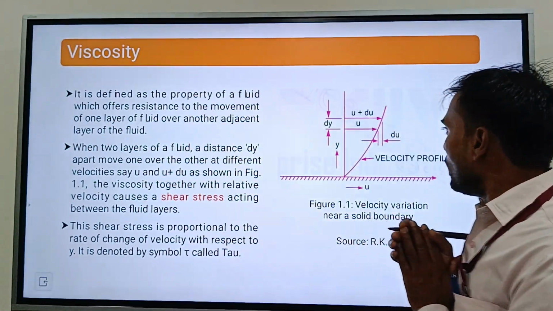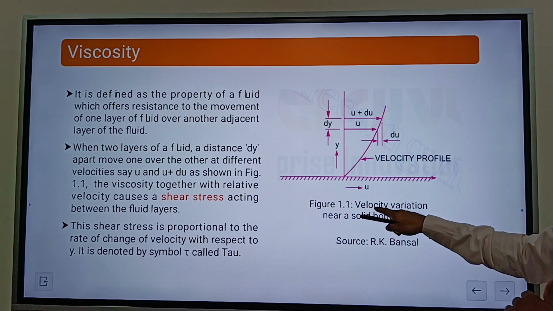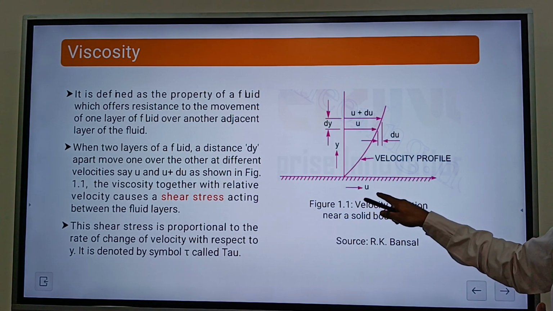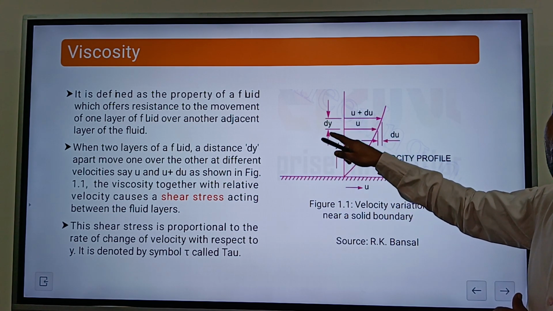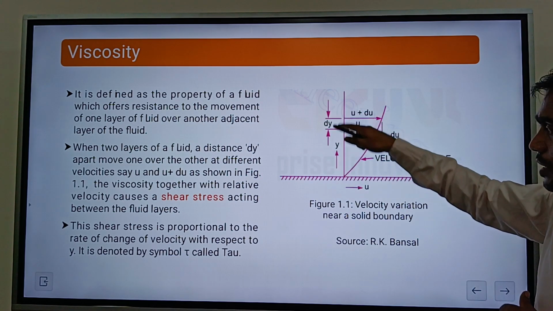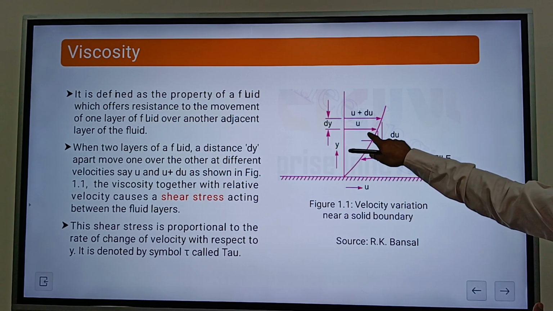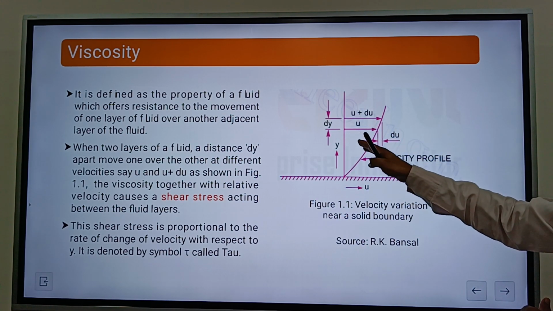Okay. For example, if we consider this diagram showing the velocity variation near a solid boundary, on the x-axis the velocity parameter is mentioned and on the y-axis the depth of the fluid layer is mentioned. Suppose this is the first layer of the fluid, and this is the second layer of the fluid.